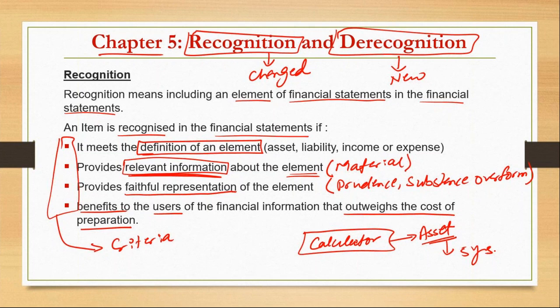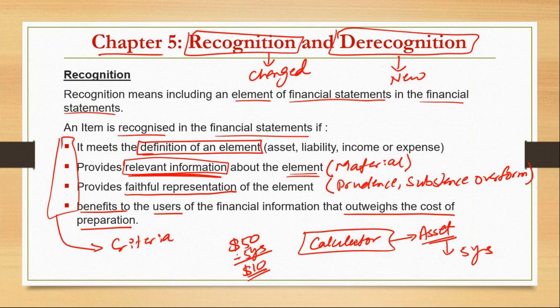If you have purchased a calculator of, let's say, $50 and it has a life of 5 years, so we are going to depreciate it every year, recording an accounting entry, and for that you need to hire an accountant who is going to take an amount from you, and then prepare financials for you. So we say, what's the use of that?